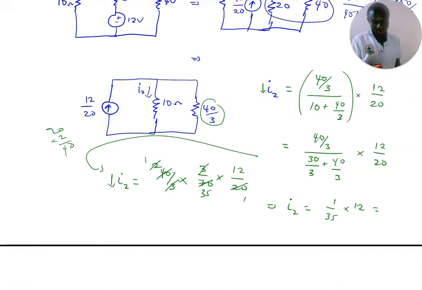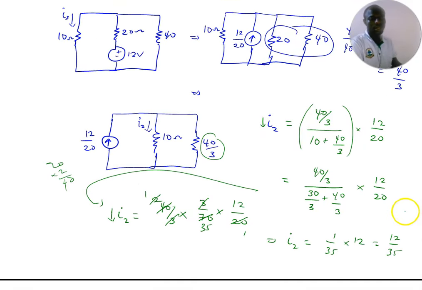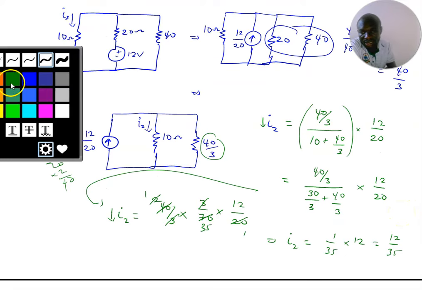So let me give the fraction form: 12 divided by 35 is the same as 12 on 35. And this time, the I2, like we said, is moving downwards.